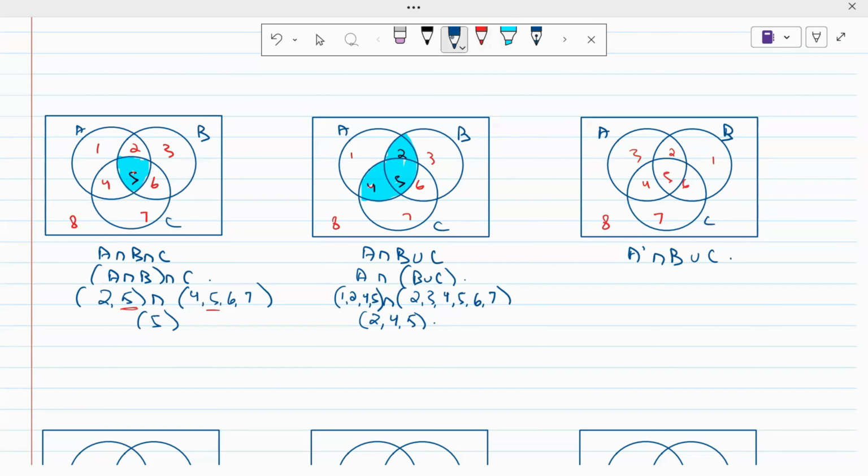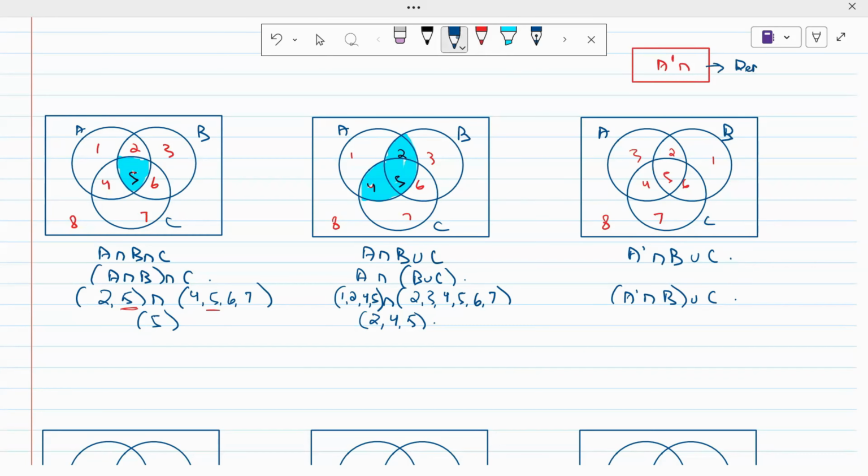I'll add the bracket myself here: A complement intersection B, union C. So A complement intersection B means A would be removed from B. Remember the shortcut, intersection complement. If it says A complement intersection, if this as a whole is used, then it means remove A.